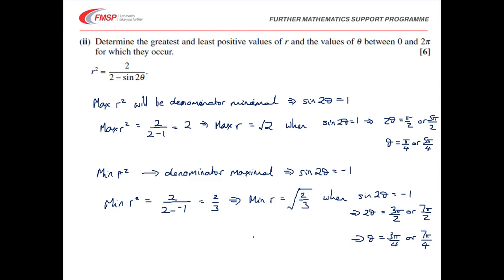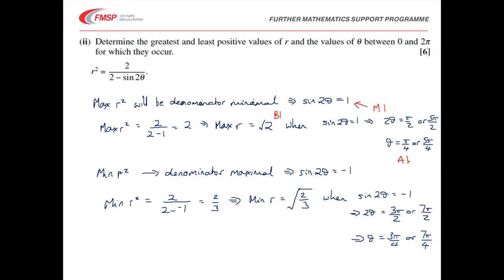For part B, there is an answer mark B1 for identifying the maximum value as root 2. There's a method mark for attempting to solve this equation here, and an accuracy mark for getting both those angles.